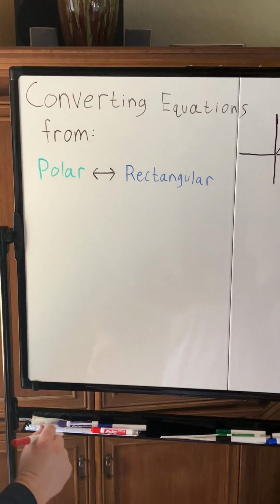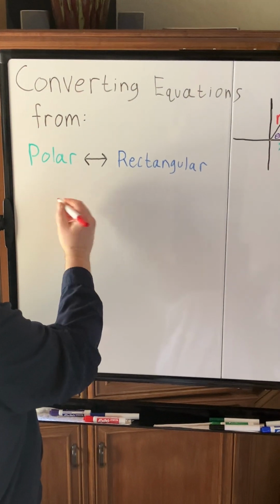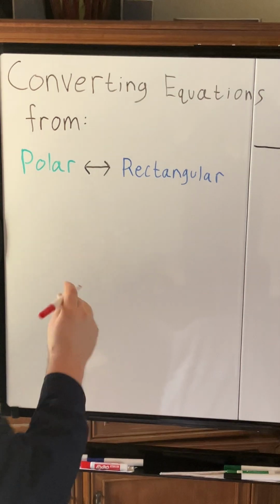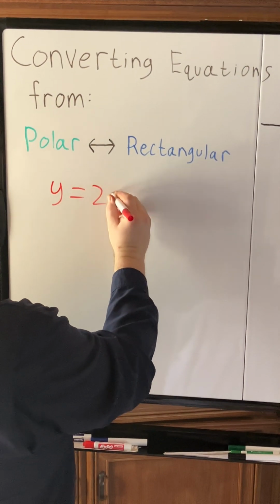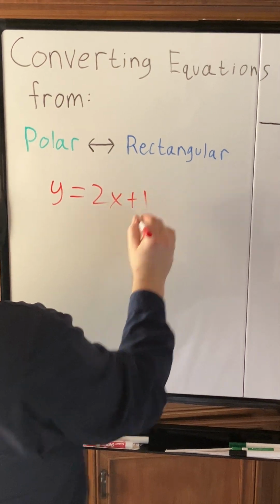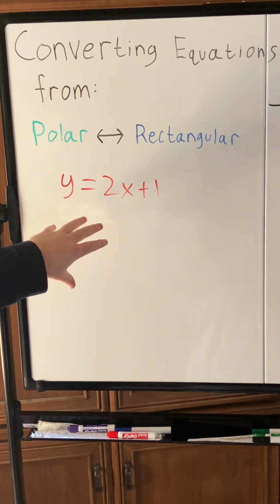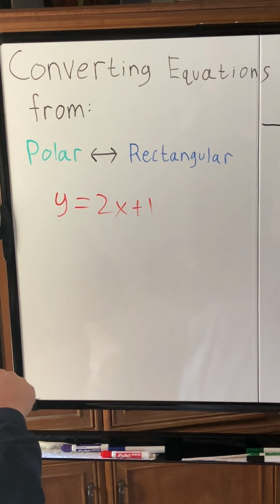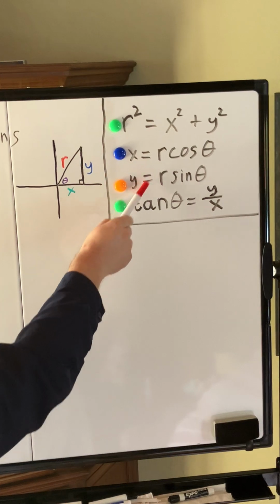But first, let's say you have just a classic y equals mx plus b linear equation. Something like y equals 2x plus 1. So, once again, when we look at this, it's pretty clear that we are just going to have to use these two.